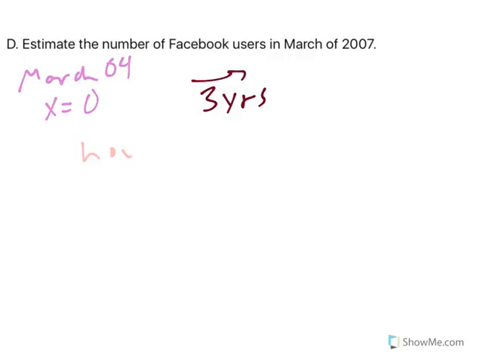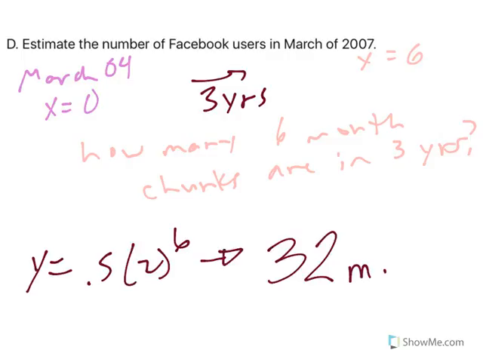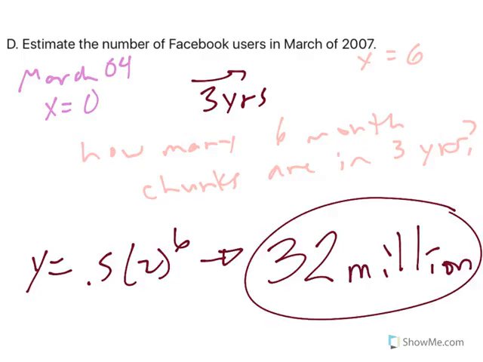So the question you're asking yourself: how many 6-month chunks are in 3 years? There's 2 per year, so I'm going to say X is 6. So Y equals 0.5 times 2 to the 6th, which gives me 32 million. So by March of 2007, we would estimate that we would have 32 million Facebook users.